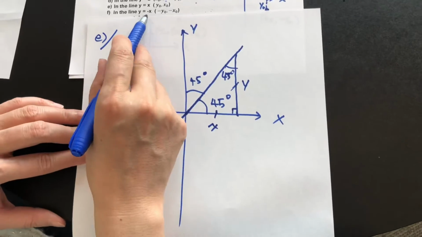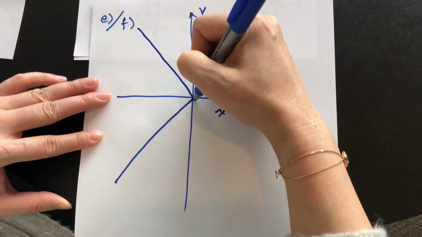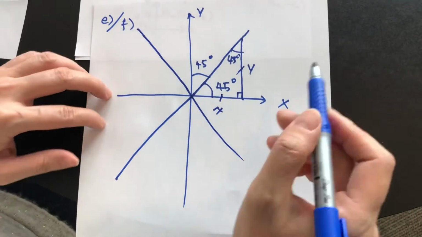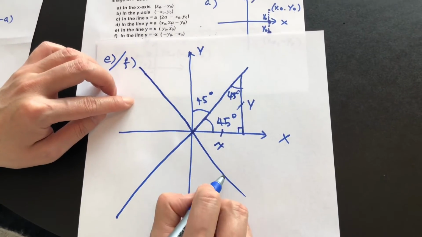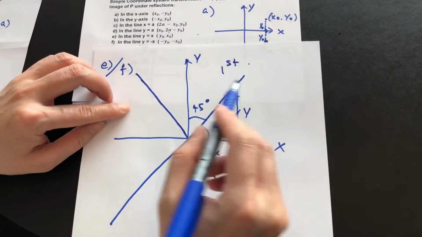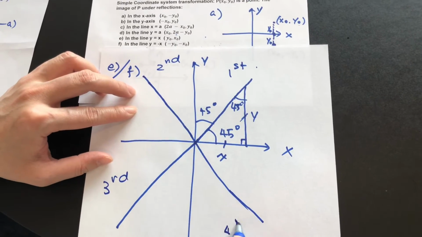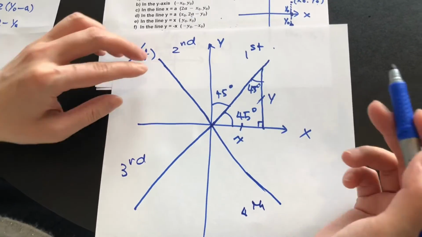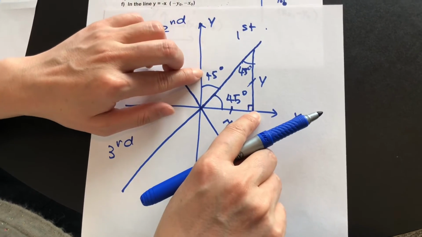The y equal to negative x line is the opposite one, going through the second and the fourth quadrant. Okay, so usually we call this one the first quadrant. This is the second, this is the third, and that's the fourth. They are all different. For the first quadrant, x greater than 0, y greater than 0.